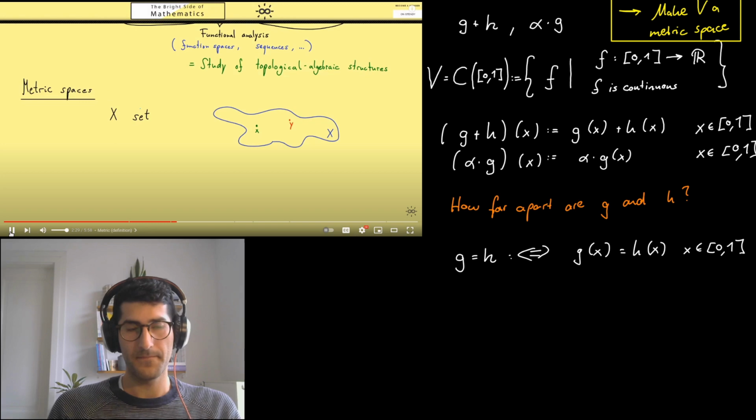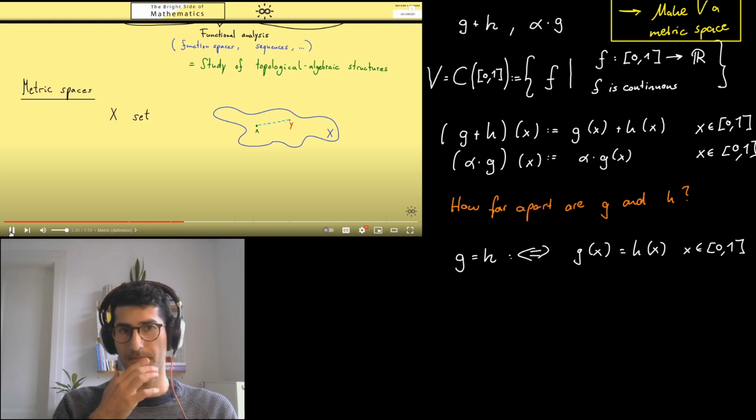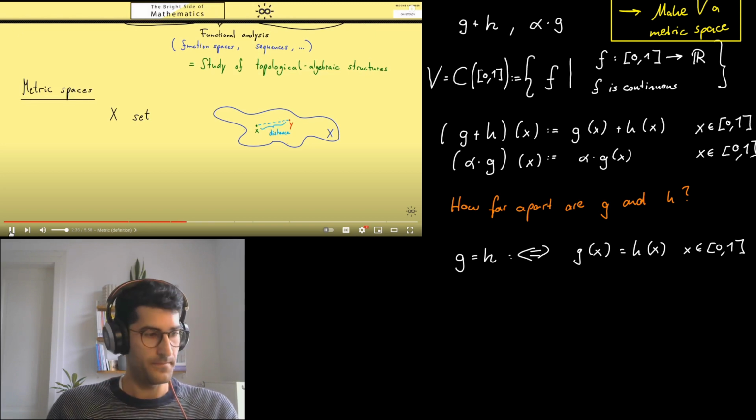We want to give the set X more structure. In this case, we want to know what the distance between 2 chosen points is. Now, if we want such a distance, then of course it should fulfill some reasonable properties. For example, if we choose 2 distinct points, then the distance should always be positive. Of course, the distance could also be 0, but only in the case when x and y are the same point.